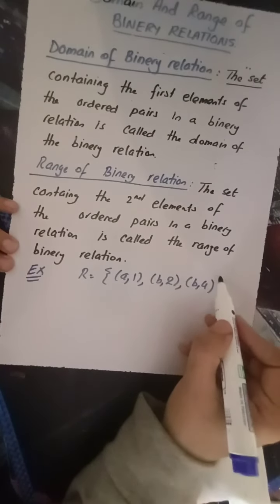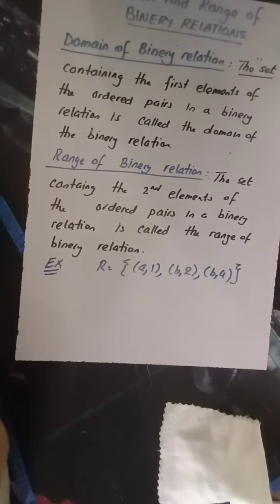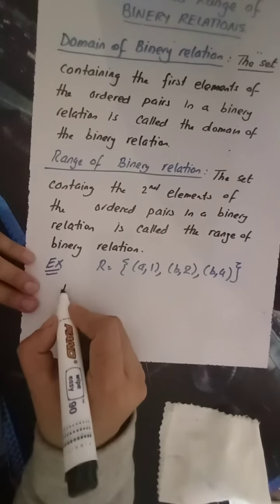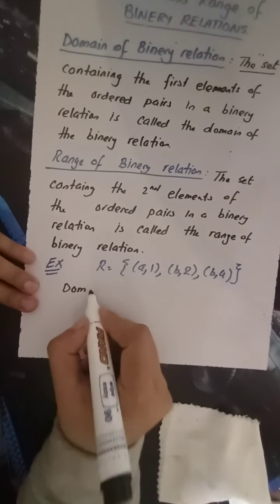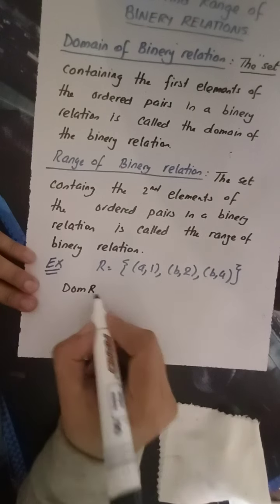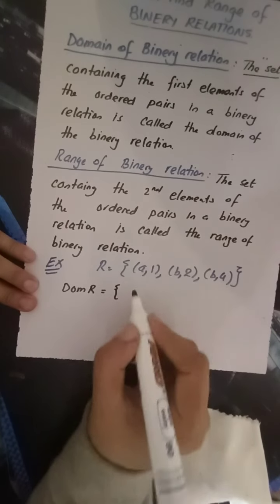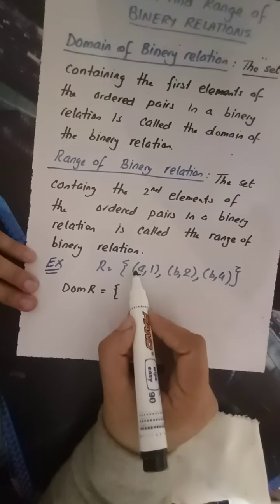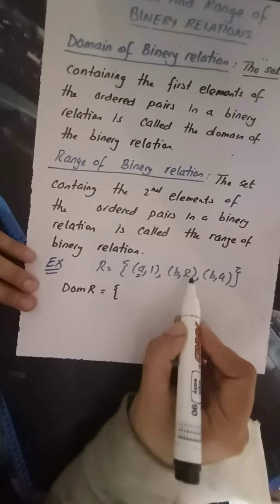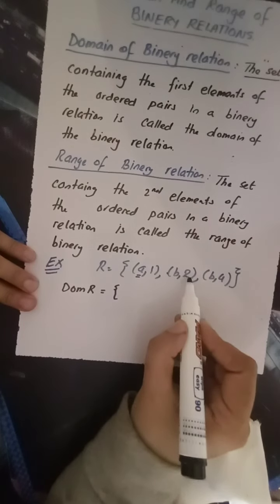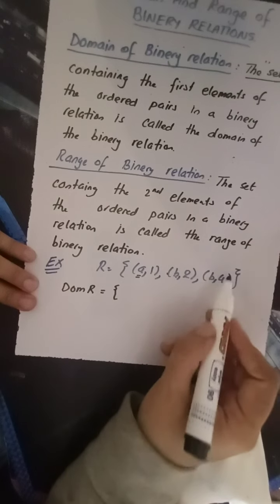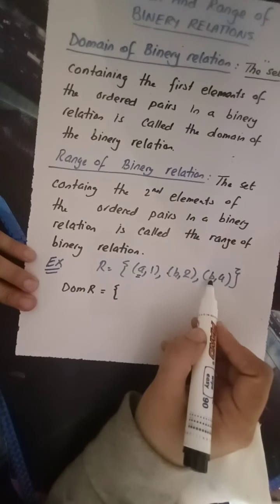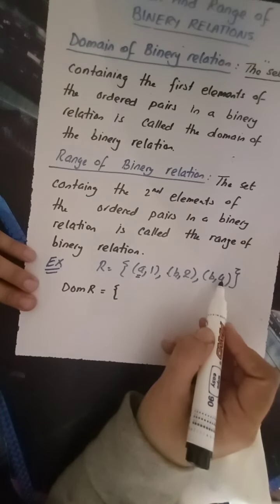Now if I want to find the domain of this binary relation, I'm going to write domain of R equals to, and pick the first element of each ordered pair. This is the first element, this is the second one. This is the second ordered pair, with its first element and second element. Similarly, this is the third ordered pair whose first element is B and second element is 4.